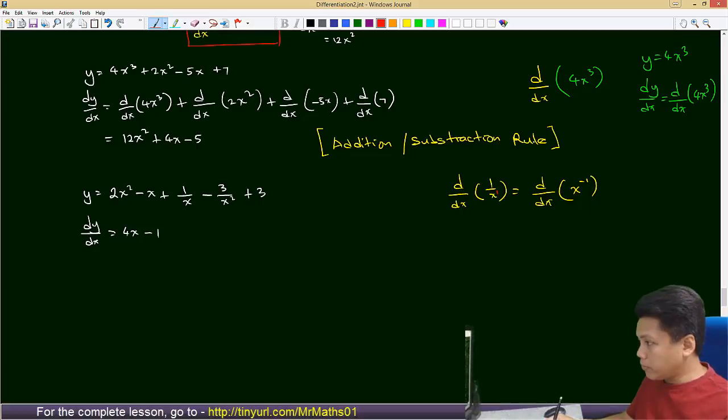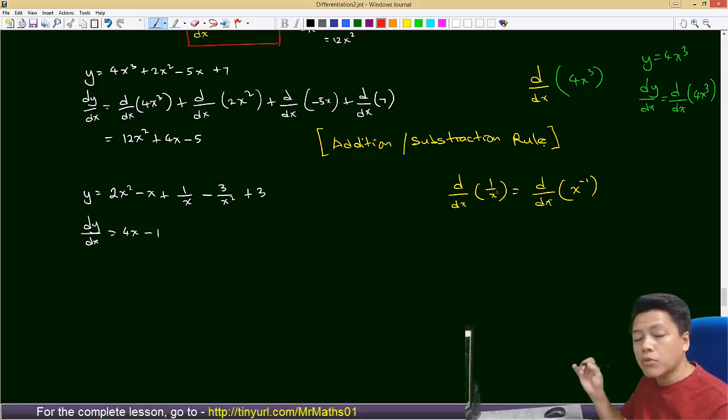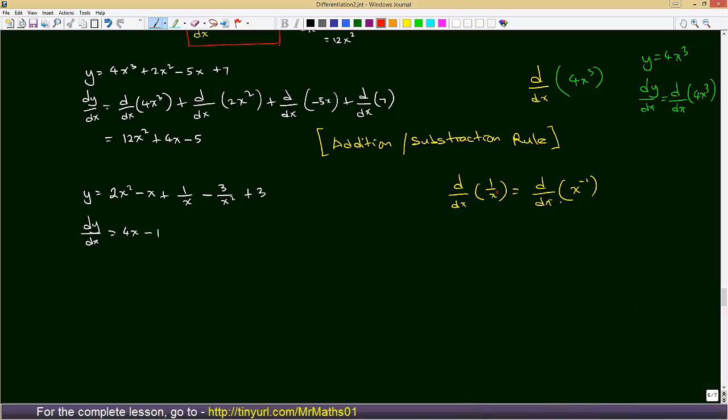If we put it into the numerator, then plus 1 becomes minus 1. So what is differentiation of x to the power of minus 1? That is equal to minus 1 times x to the power of minus 2. Because this is minus 1, the 1 can just disappear. So minus x to the power of minus 2.